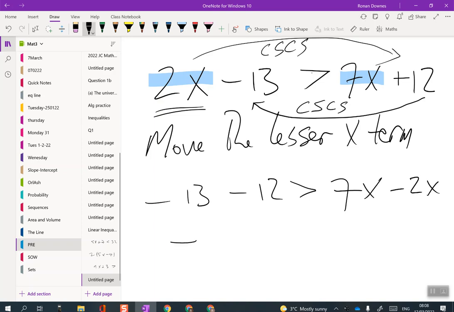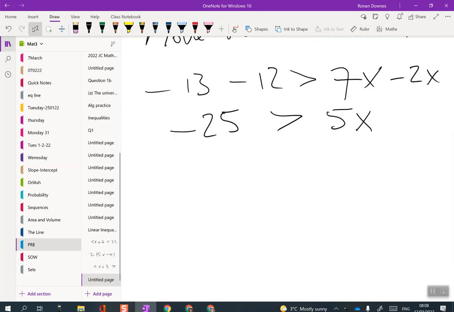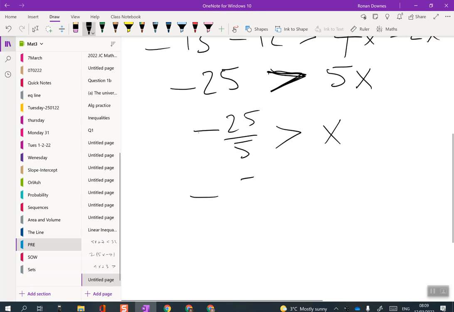Simplify. You can simplify left to right, because we've designed this so it's a positive 5, so we don't have any of this switching around. So you have minus 25 over 5 is larger or equal to x. Minus 5 is larger or equal to x.